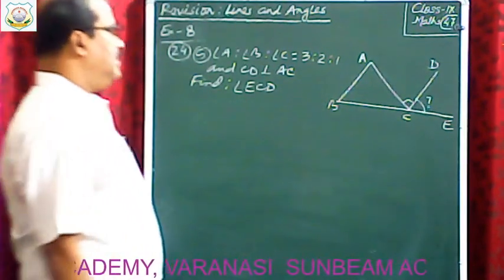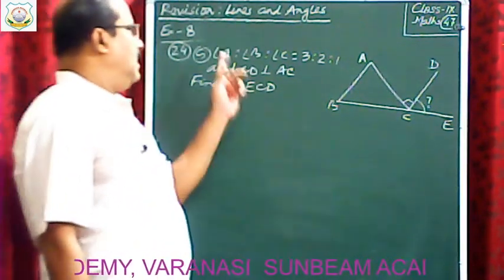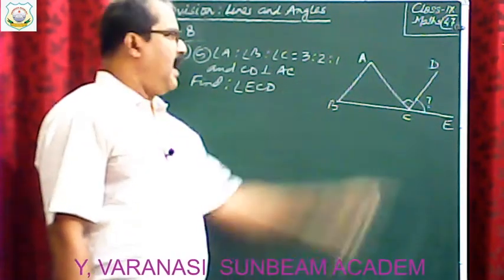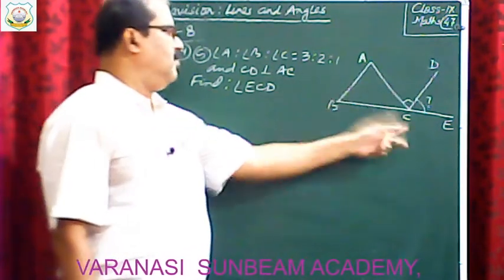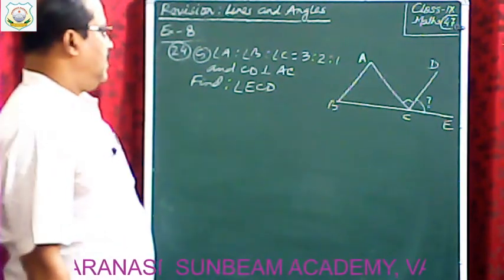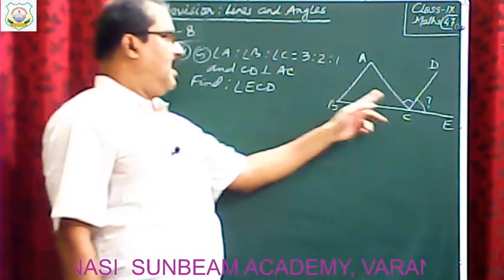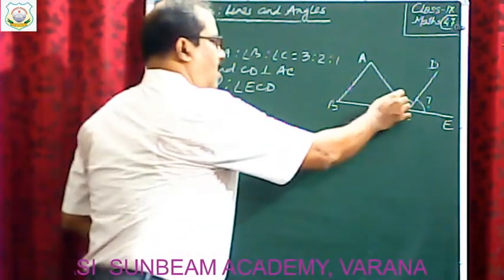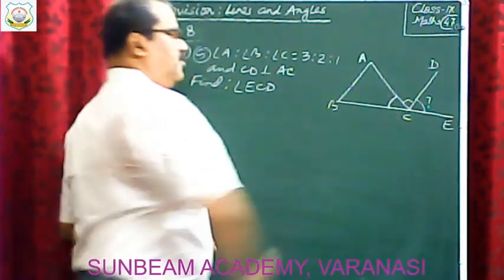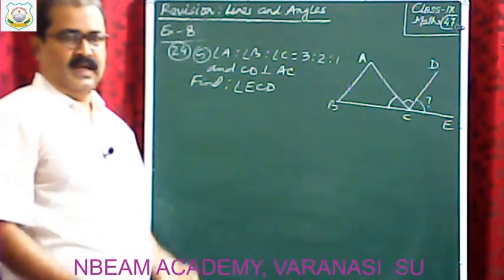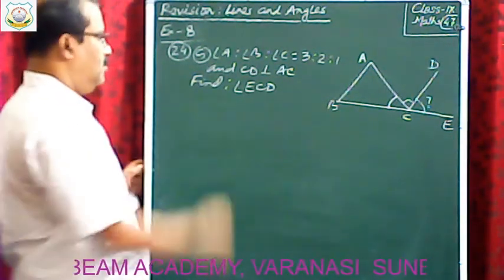In triangle ABC we have angle A is to angle B is to angle C equal to 3 is to 2 is to 1, and we have CD perpendicular to AC. We have to find angle ECD. So first of all we have to find angle C of triangle ABC. The ratio is given, you have to break the ratio, and using angle sum property you have to find out.